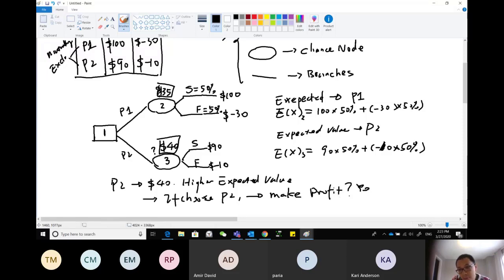Yes or no? From decision tree analysis, we know that project 2 is a better option because it generates a higher expected value. But as a business owner, if we choose to invest in project 2, does that option always make us a profit? Yes or no?